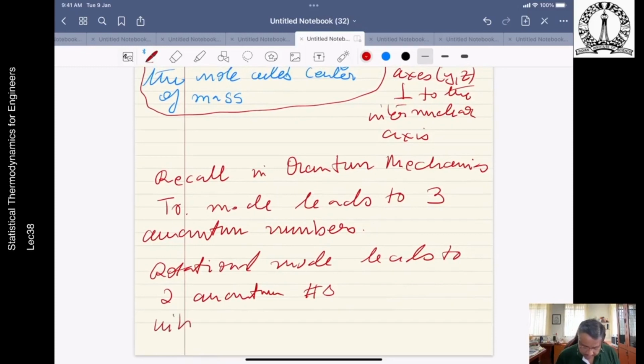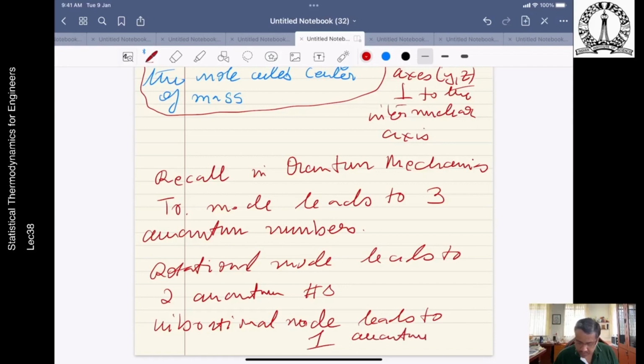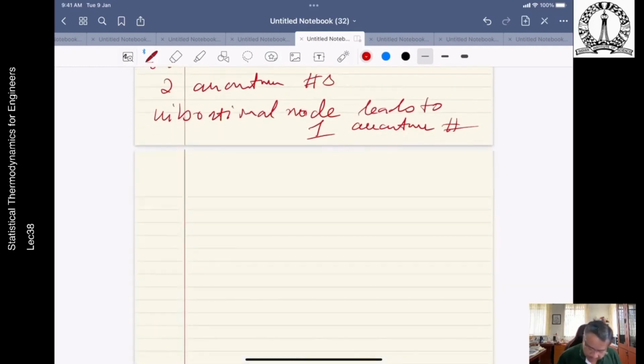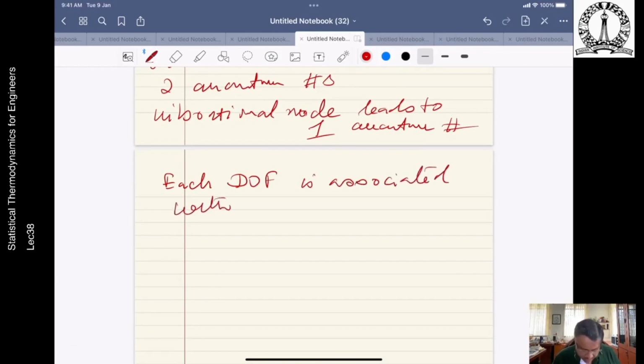And the vibrational mode leads to 1 quantum number. So we can almost say each degree of freedom is represented by, or can be associated with, a quantum number.